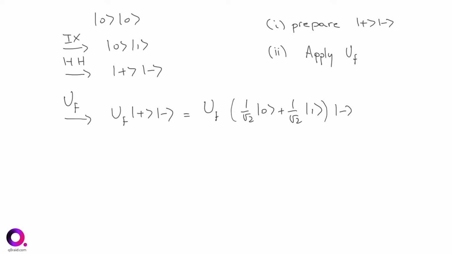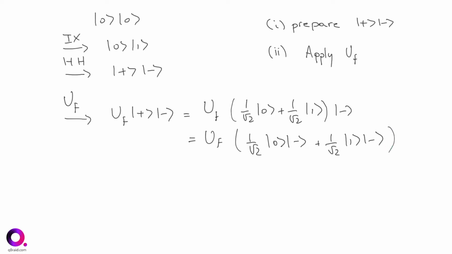Now we can rewrite this as UF applied to 1 over square root of 2 ket0 ket minus plus 1 over square root of 2 ket1 ket minus.